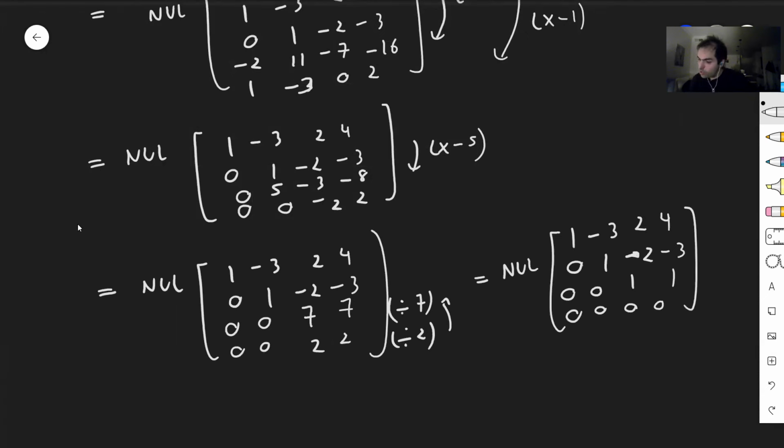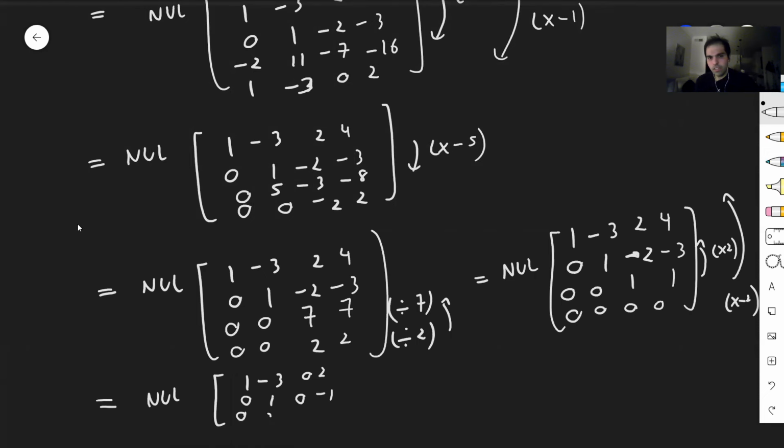And then you can again multiply this by 2 and multiply this by minus 2. And what you get is the null space of, again, 1, minus 3, 0, 2; and then 0, 1, 0, minus 1; 0, 0, 1, 1; and then 0, 0, 0, 0.